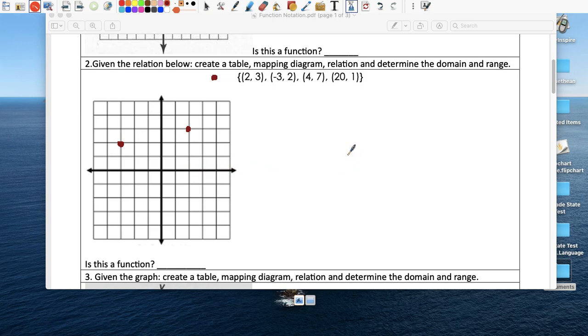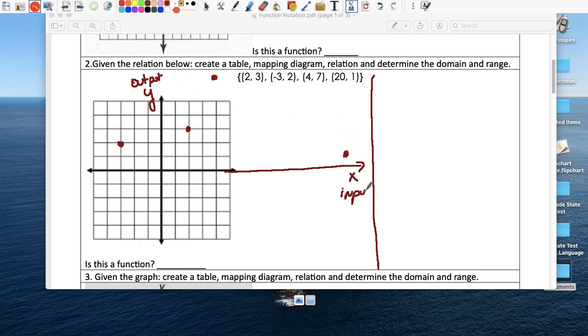So 20, 1 will be right over here. I know in class I said you can shorten it, but that's our graph. So I'm just going to extend it. I forgot y, my output. This is my x, which is my input.